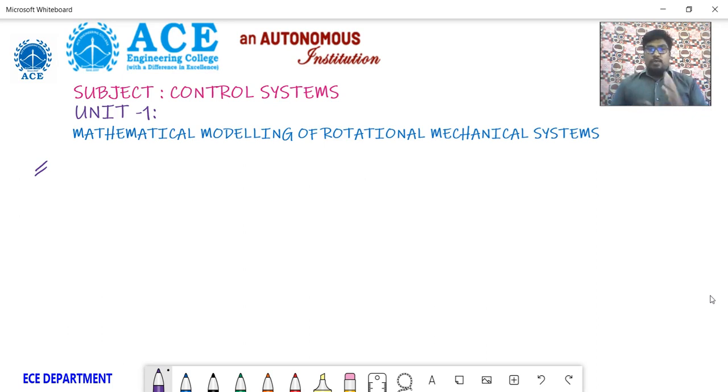In a translational mechanical system we write force equations. In this case we are going to write torque equations. In a rotational system the motion is around a fixed axis, whereas in a translational mechanical system the motion is on a straight line.